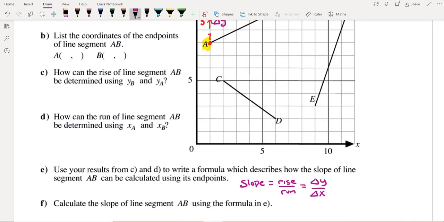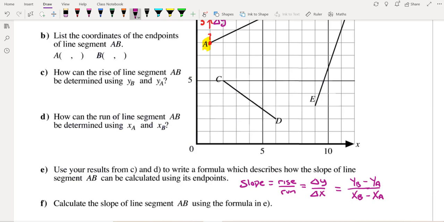So the change in y would be our y final position, so I'll write y with the subscript B, minus our A initial position, divided by our change in x, our x final position, which is B, minus our x initial position, which is A. Right?